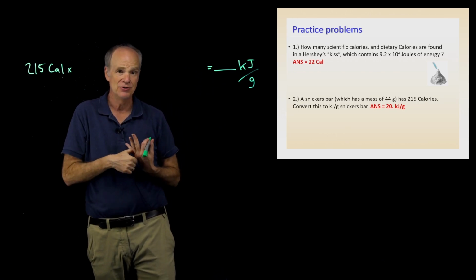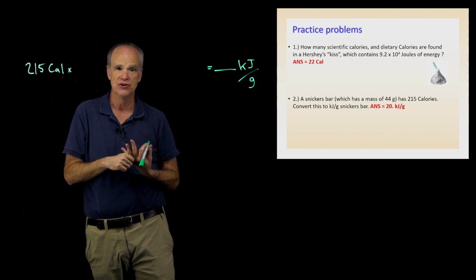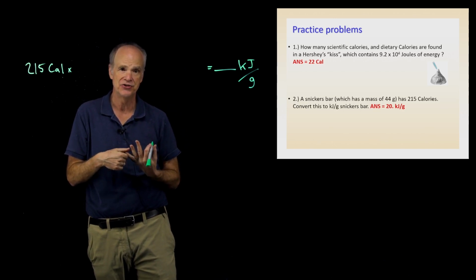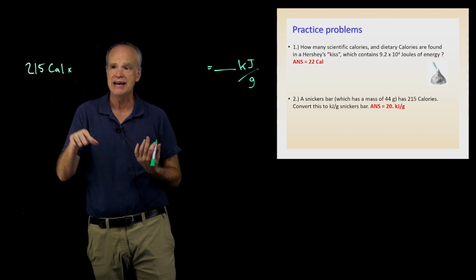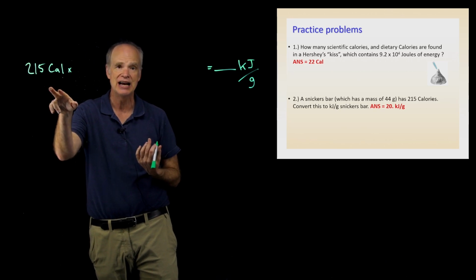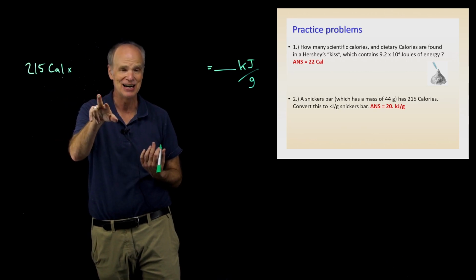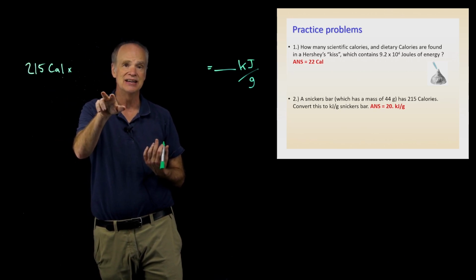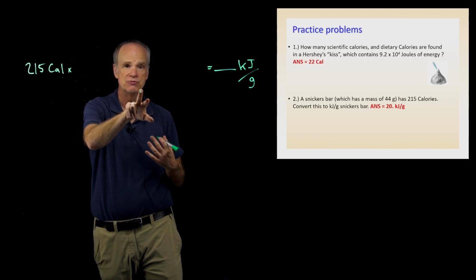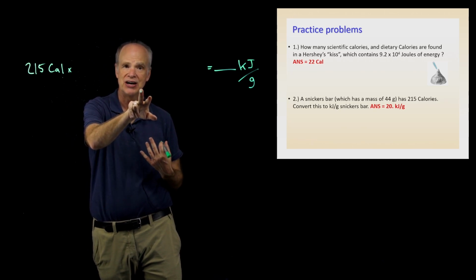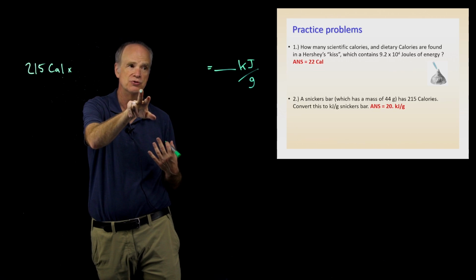I don't know of a direct conversion of dietary calories to joules, but what I can do is take dietary calories, get this into scientific calories, and then get that into joules with the conversion we know, which is 1 scientific calorie equals 4.184 joules.